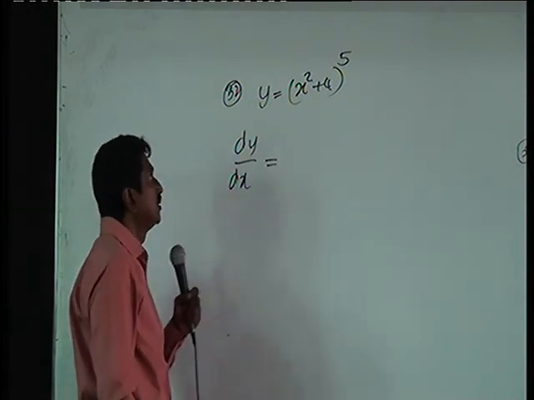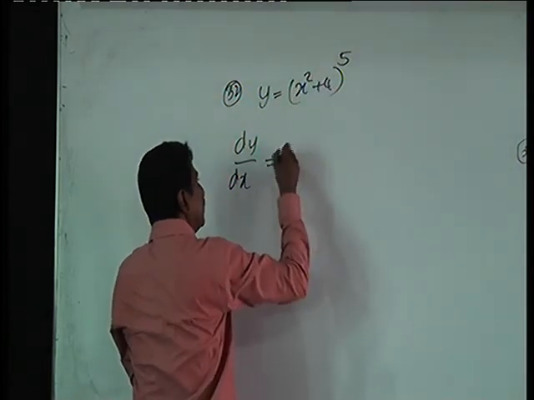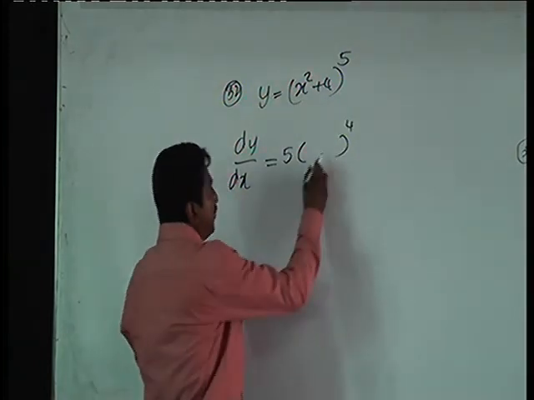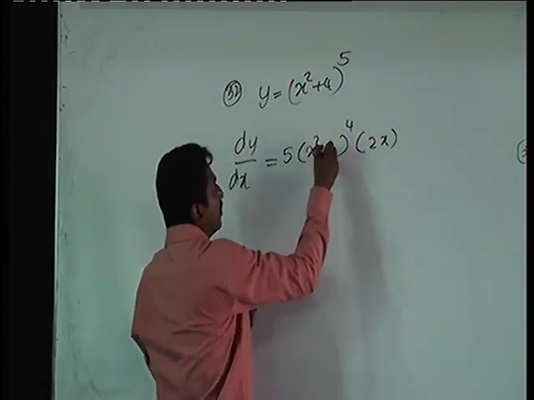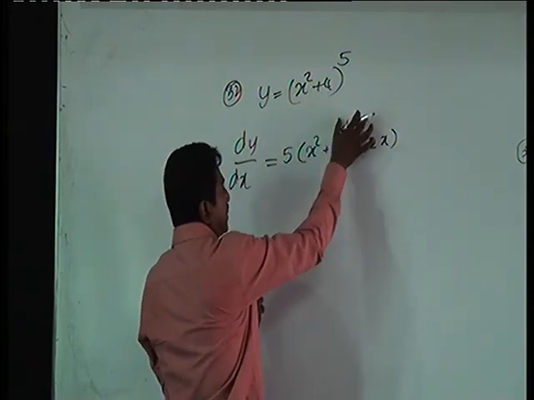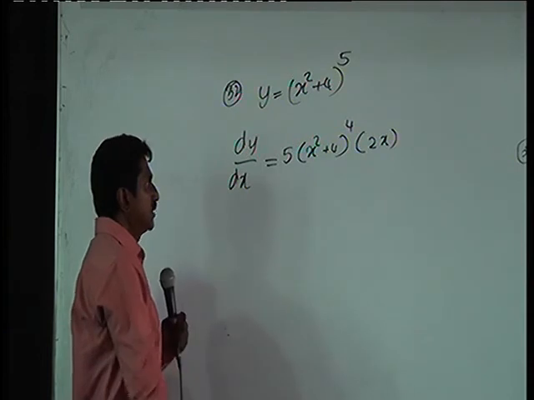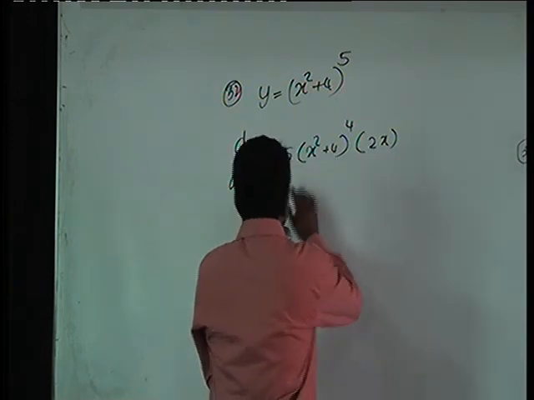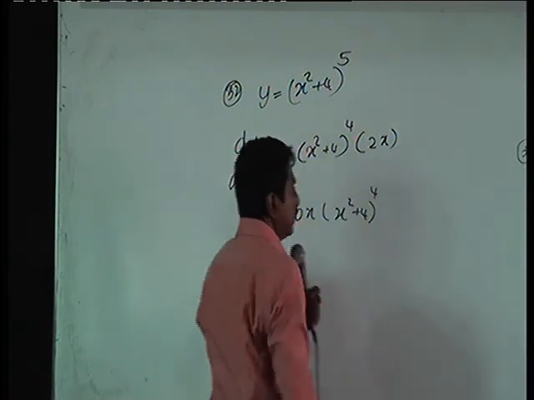Assume this is x, so 5x to the power 5 minus 1, and the differentiation of the inside function, that is 2x. Keep it like this, that's enough. Or you can multiply these to get 10x times x squared plus 4 to the power 4. That's enough.